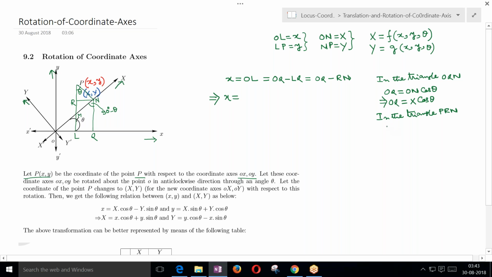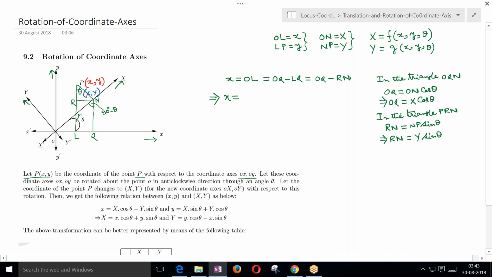RN is equal to NP sin theta, isn't it? NP is capital Y, as we know, so RN is equal to capital Y sin theta.